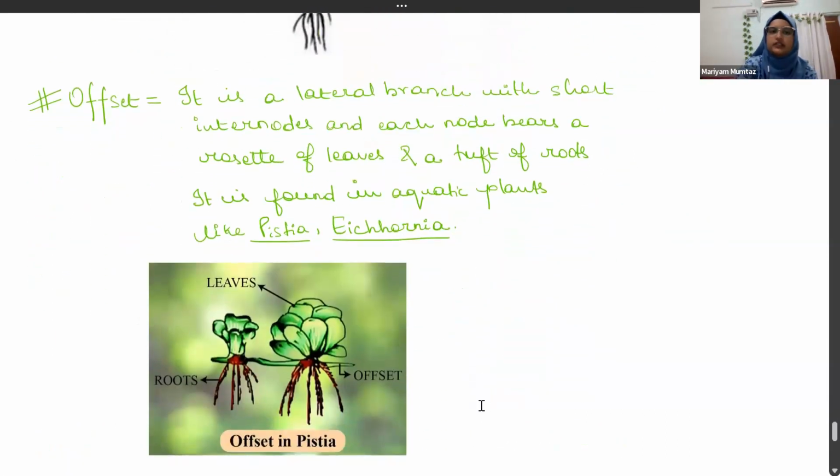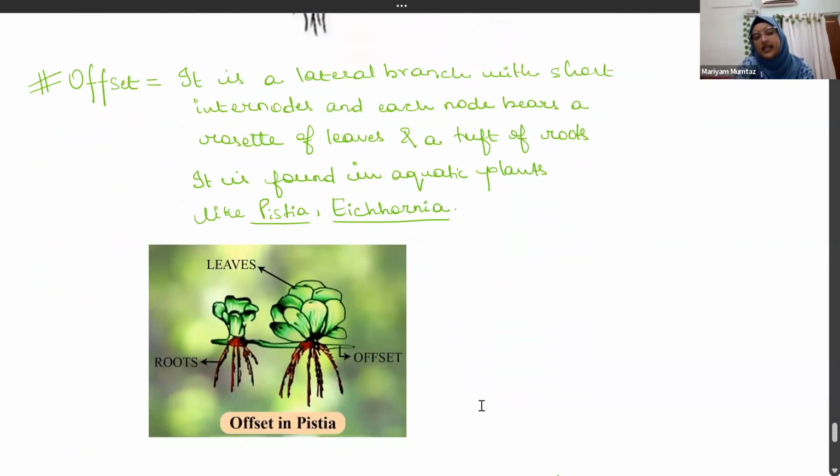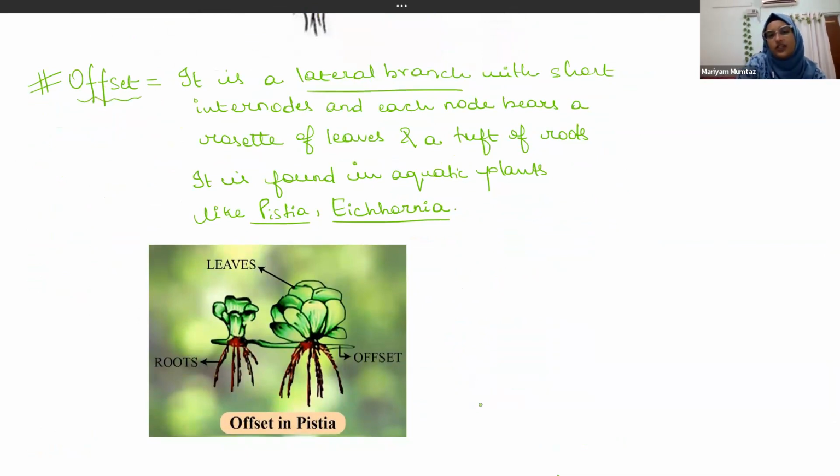Now moving forward, the next type of modification of stem is known as offset. It is yet another lateral branch with a short internode. I told you that internodes are the structures present in between two nodes, right?